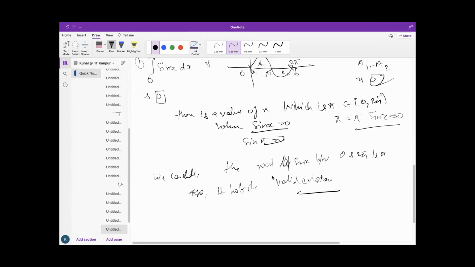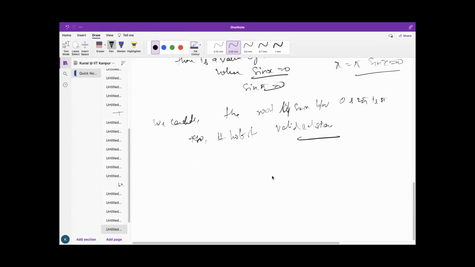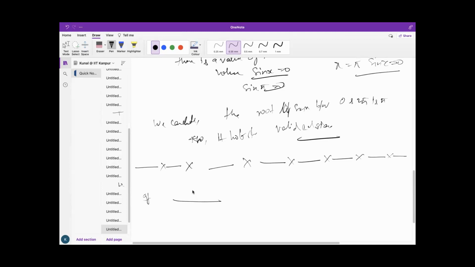Okay. I hope you all understand what I'm trying to say. Let me show you one more thing. Let me clear it with you first, then I go through this concept. We read that if the area is above the x-axis, it will be positive, and below the x-axis, it will be negative.